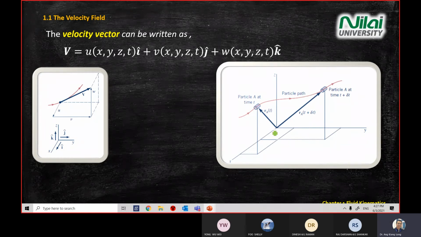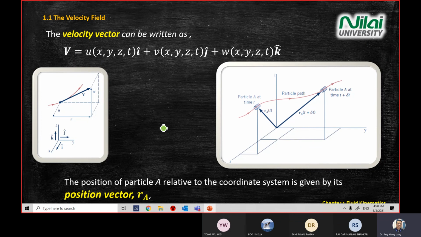This path you can define by using the equation that you see on the screen here, with vector i, vector j, and vector k to represent the motion with respect to time. The vector r_A of t just represents a position vector.